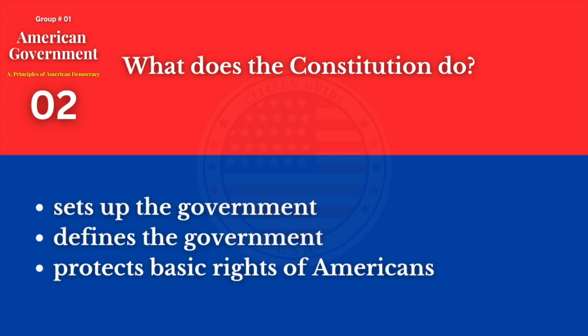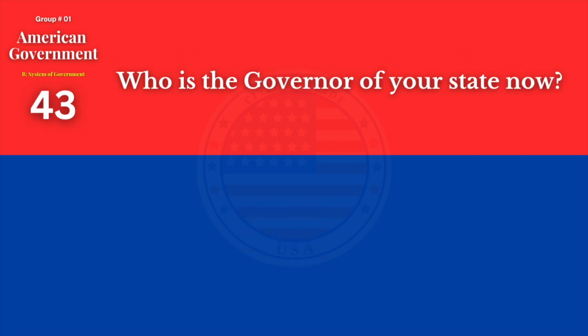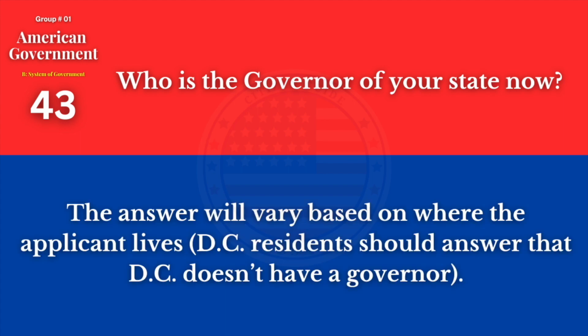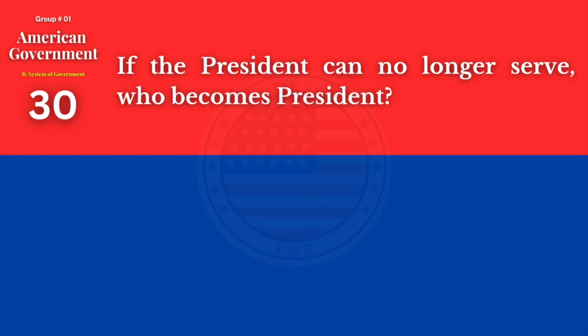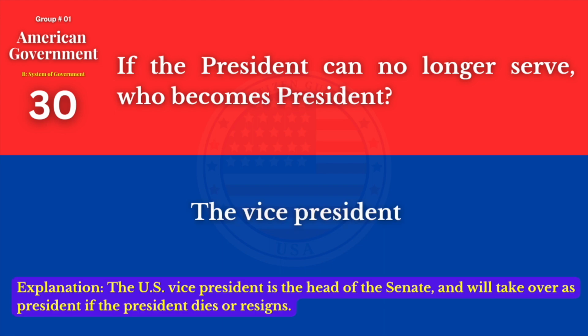Sets up the government. Who is the governor of your state now? The answer will vary based on where the applicant lives. DC residents should answer that DC doesn't have a governor. If the president can no longer serve, who becomes president? The vice president.